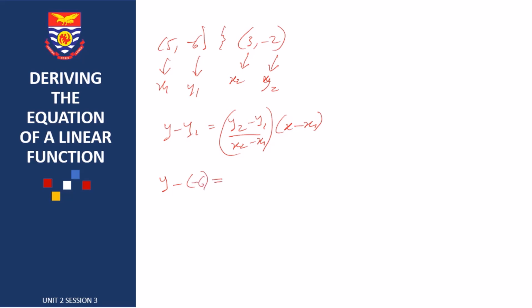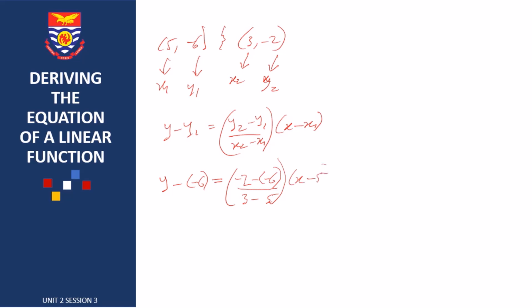Then, what is y2? y2 is minus 2, then minus y1, and y1 is minus 6, so minus 2 minus minus 6. Then x2 is 3, and x1 is 5. I'll close this one. Then I'll have x minus x1, which is x minus 5.